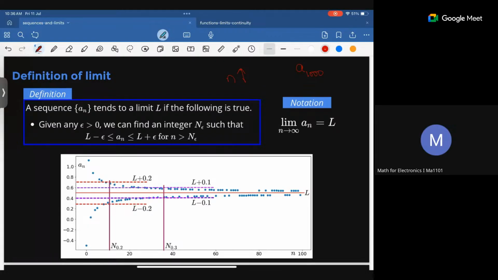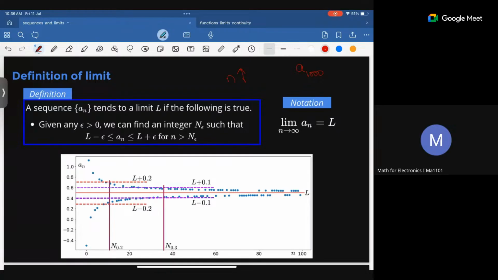That's the question. As n goes very large, do my sequence terms come to a single value, or are they going somewhere else? If it is coming to a single real value, then that real value is nothing but the limit of a sequence.